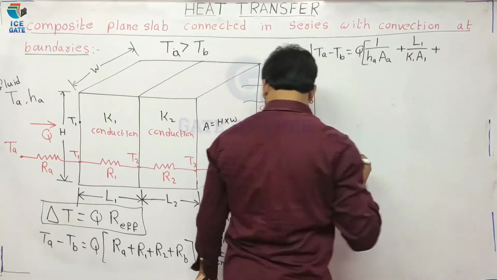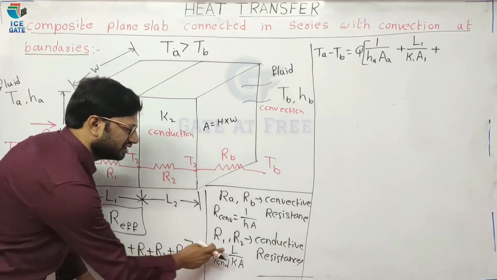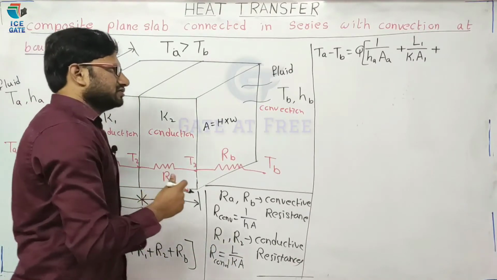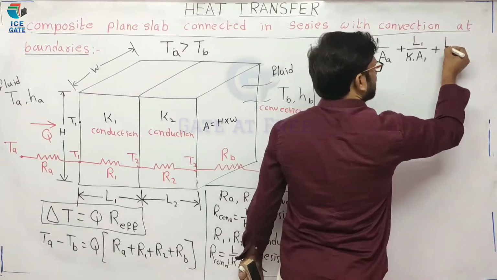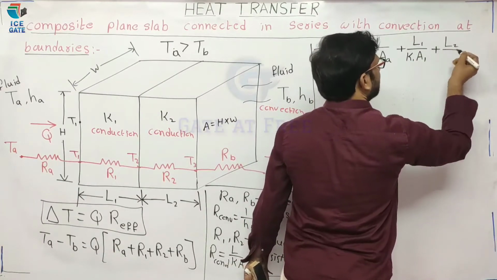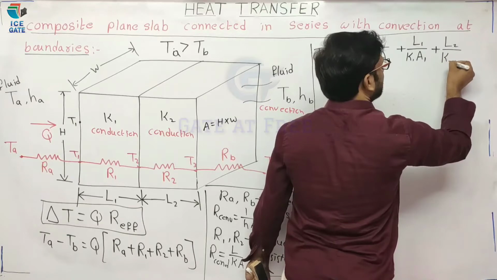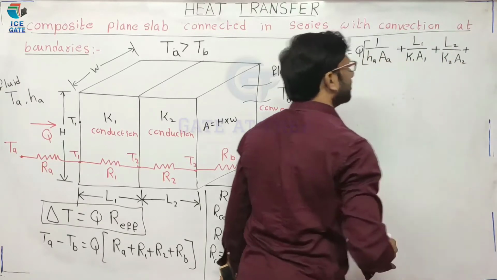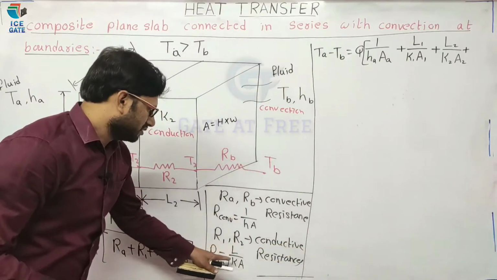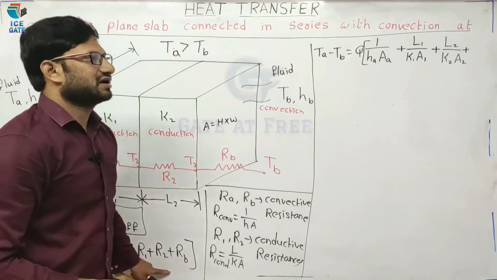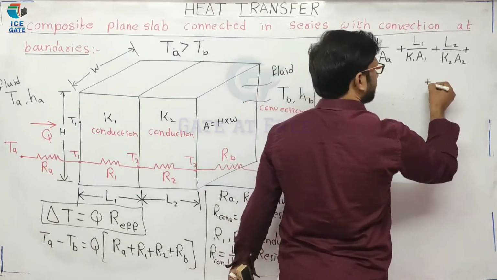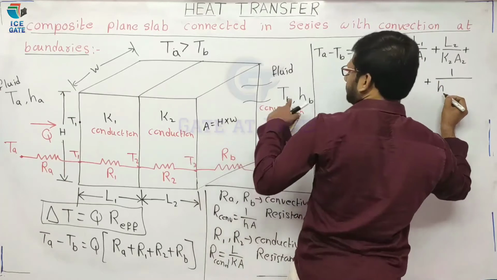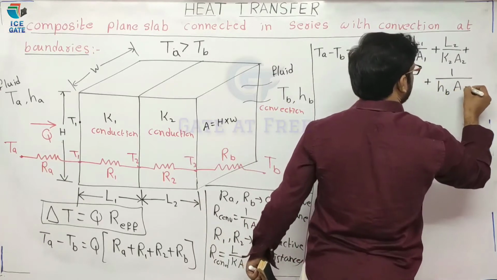Second one. Now what is R2? R2 is also conductive resistance occurred in second slab. So what is the formula? L by KA. Now second plane thickness is L2 divided by K2 into A2 plus last RB. RB is convective resistance, that is 1 divided by H suffix B into area.